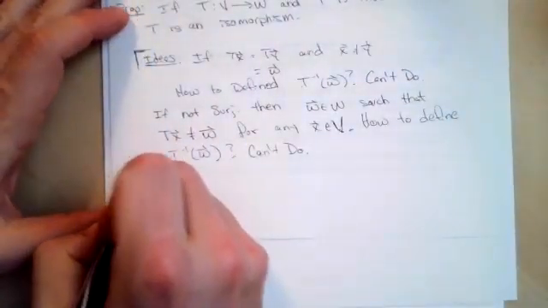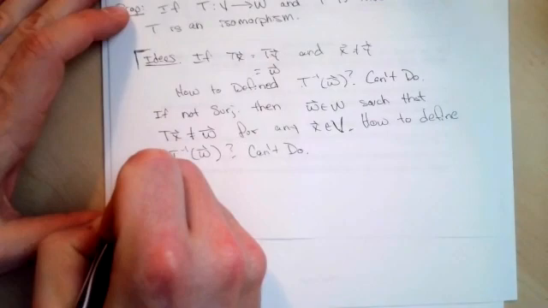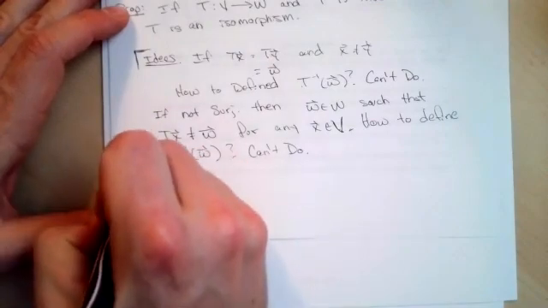So let's take a look at an example. There's a couple of ways to do this now. If we want to show that something is an isomorphism, we've got a few techniques now. Actually, let's include some notation real quick.